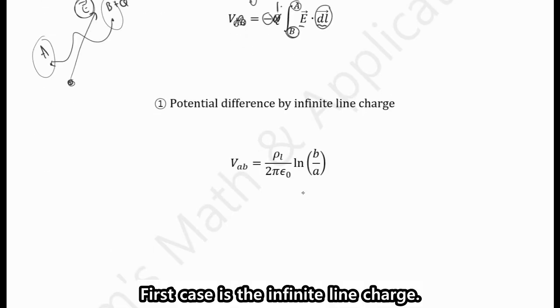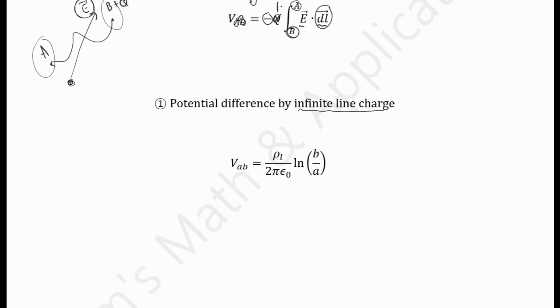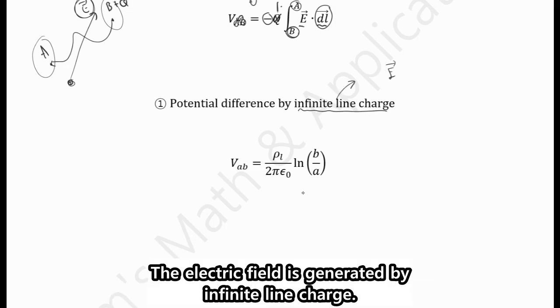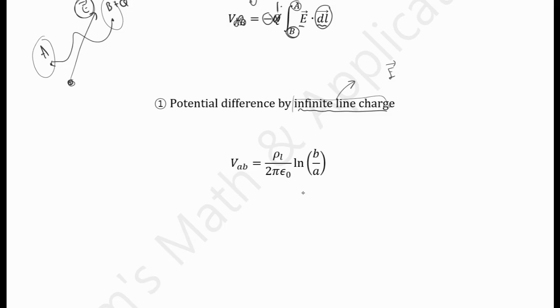First case is the infinite line charge. What does that mean, infinite line charge? The electric field is generated by an infinite line charge.